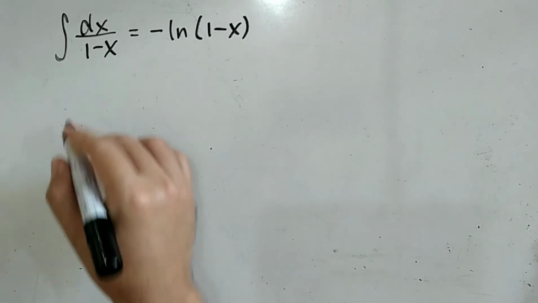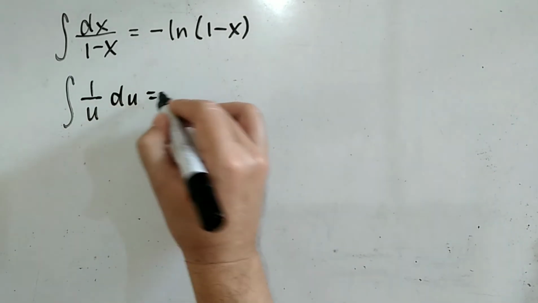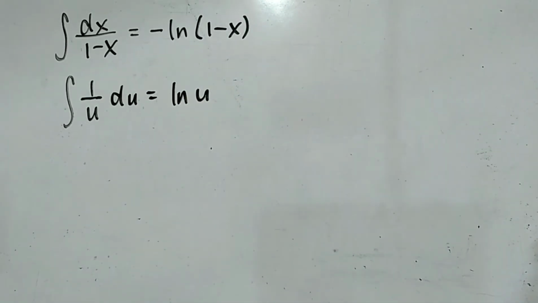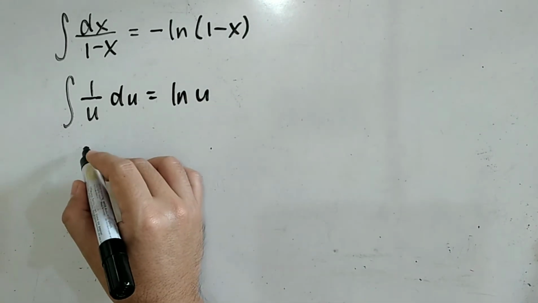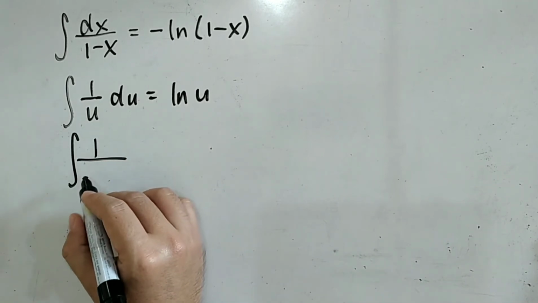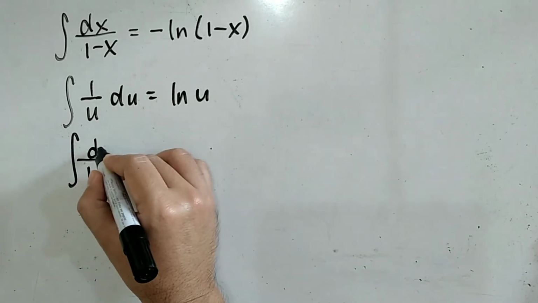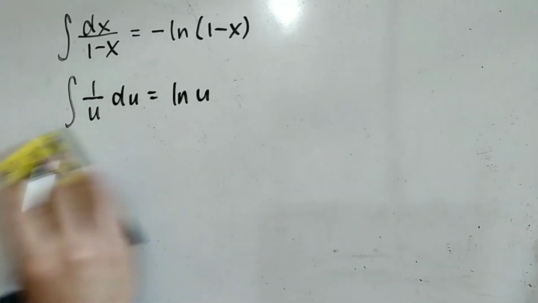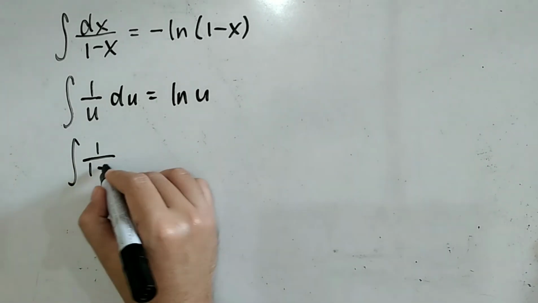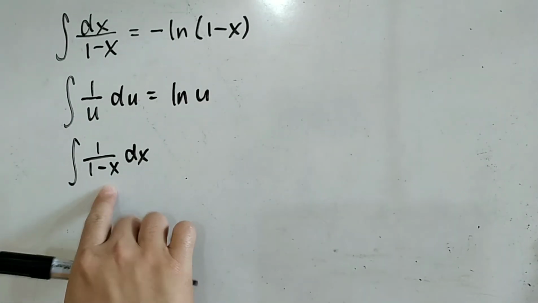So the integral of 1 over u du is equal to ln of u. Alright? So for our integral, we have integral of 1 over 1 minus x dx, this one.